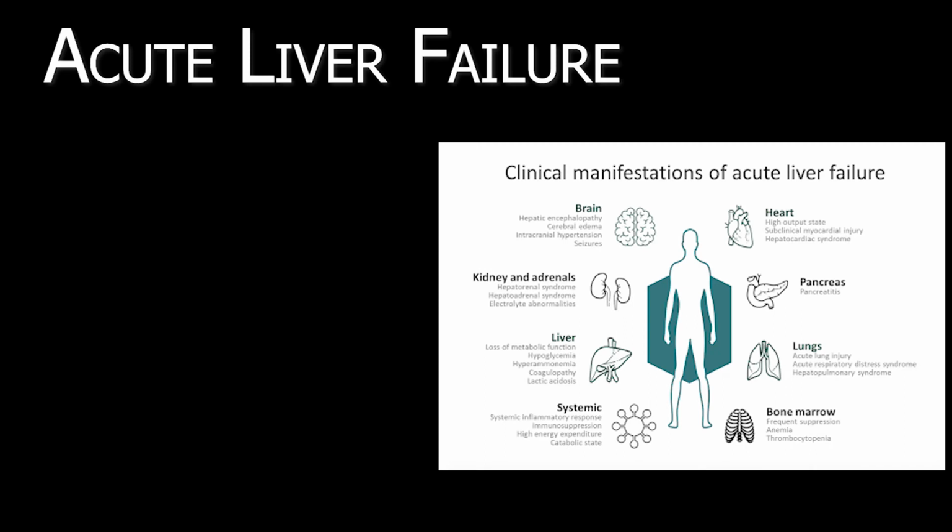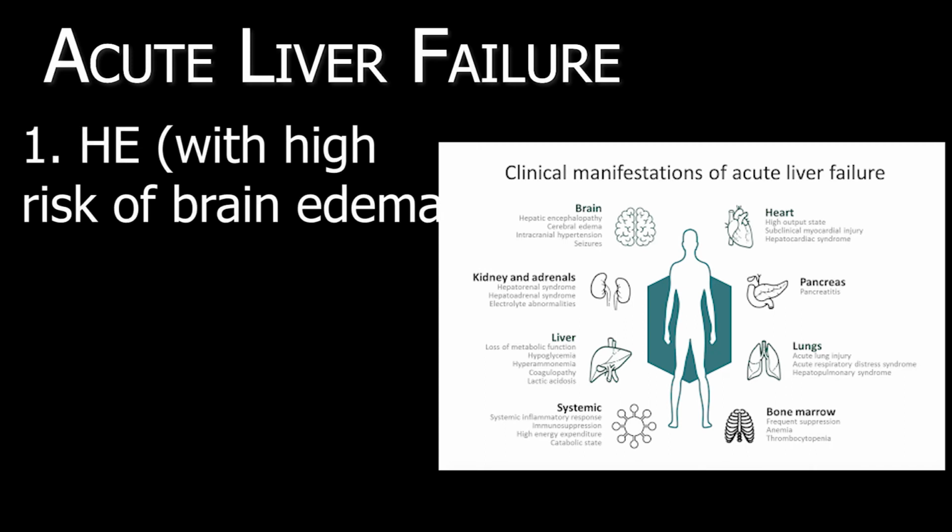Let's form a clinical picture of some of the most common problems one can face in acute and chronic liver failure. In acute liver failure, hepatic encephalopathy. This can range from mild, which presents as agitation, to severe hepatic coma. The worst of cases pose a high threat of clinically significant brain edema and herniation. Impaired blood coagulation.